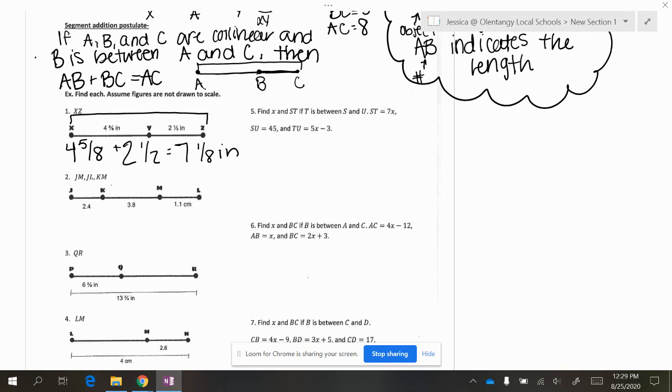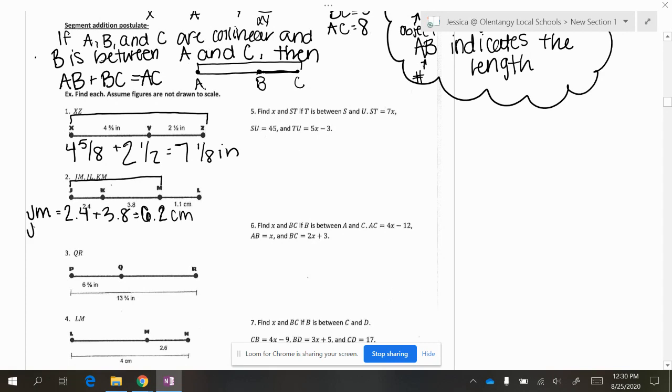Number 2, JM, JL, and KM. So JM, right here, 2.4 plus 3.8, which is 6.2. And then we are working with centimeters here.